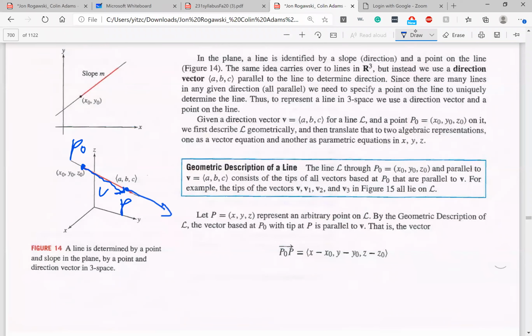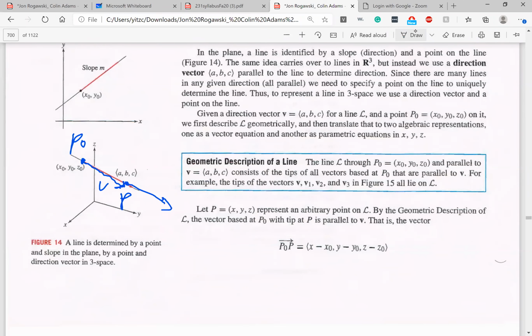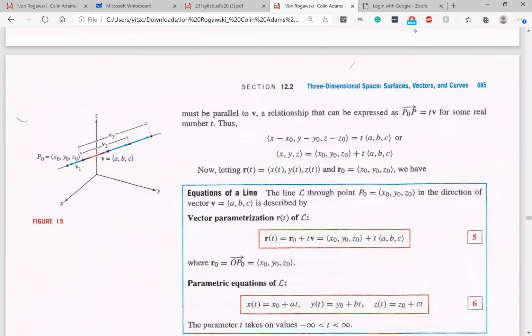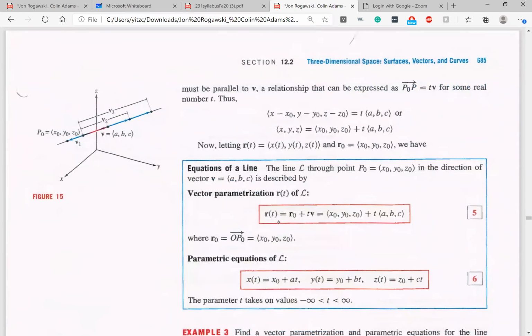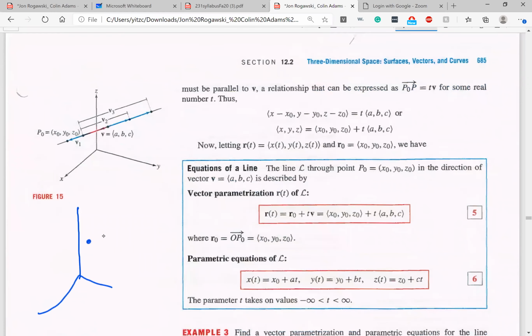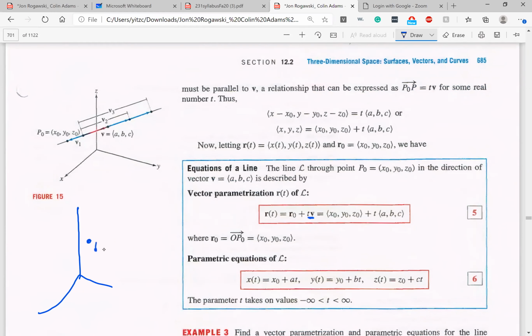So let's see how to actually do that. Geometrically, this is fairly straightforward, but the equation of a line is this equation over here, and it comes out from the following intuition. You have a point on the line. So let's say here is a point, and then I can take a vector v. The point over here is the point r naught.